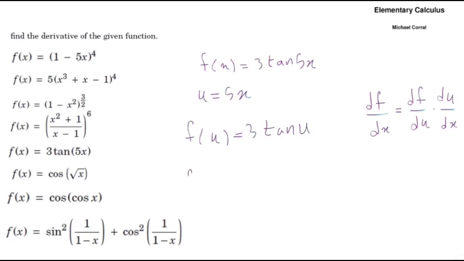So f prime of x equals df with respect to u, which is 3 secant u squared, times du with respect to x, which is 5. So f prime of x equals 15 times secant 5x squared.